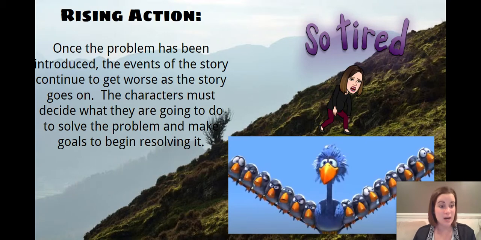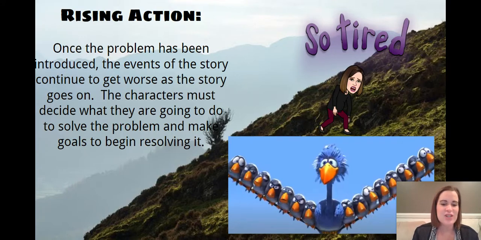All right, the next part is the part that climbs up. This is the rising action. So once the problem has been introduced, the events of the story continue to get worse as the story goes on. The characters must decide what they're going to do to solve a problem and make goals to begin resolving it.